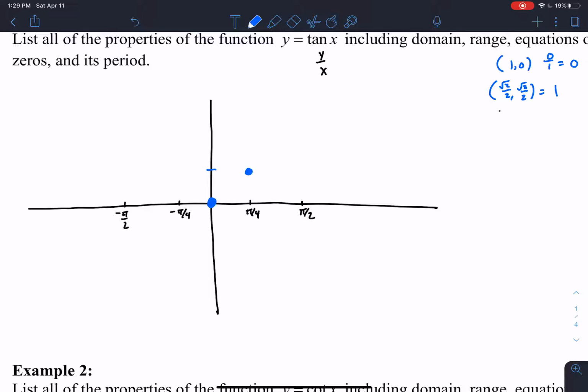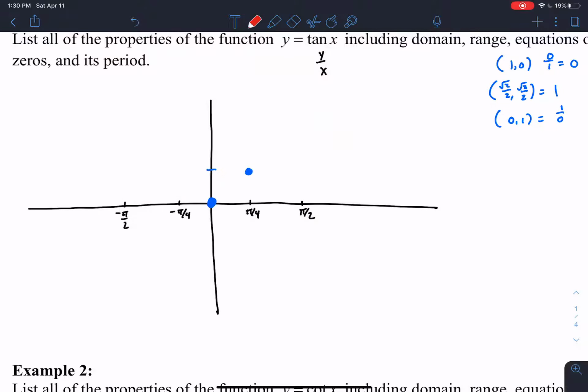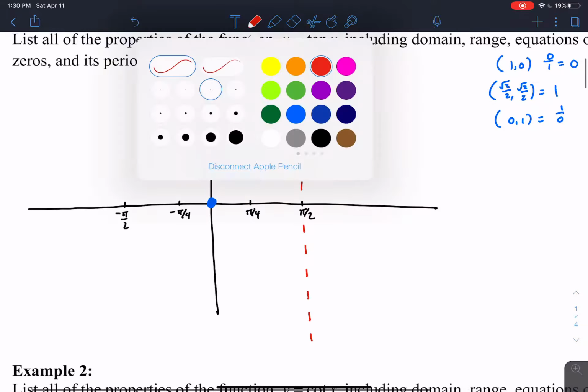And then pi over 2 is 0, 1. Okay, so if I do y over x, right, I get does not exist, right? So anywhere, again, you have a point that doesn't exist, you need an asymptote there. All right. So tangent is going to be undefined at pi over 2.